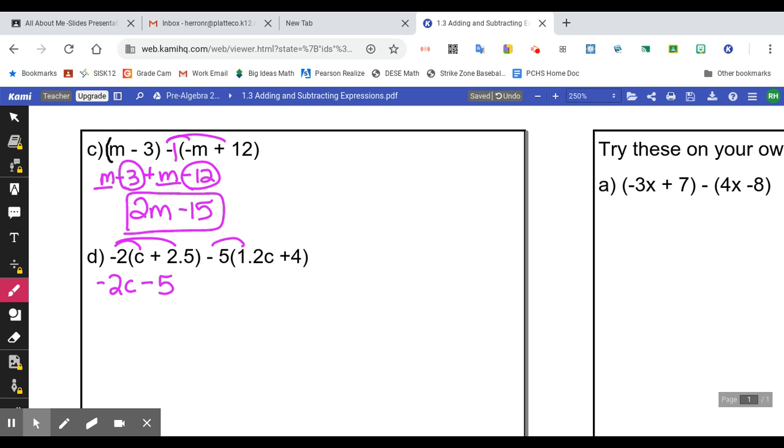Then we've got to distribute again here. -5 times 1.2c gives me -6c, and -5 times 4 gives me -20. Then combine like terms. -2c minus 6c is -8c. Then -5 minus 20 is -25.